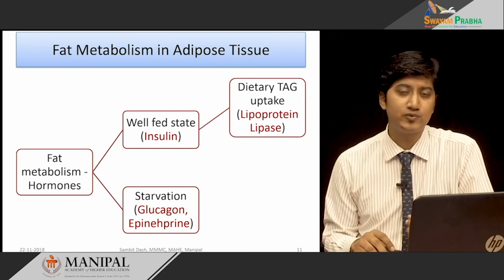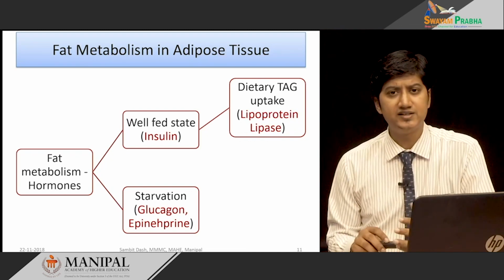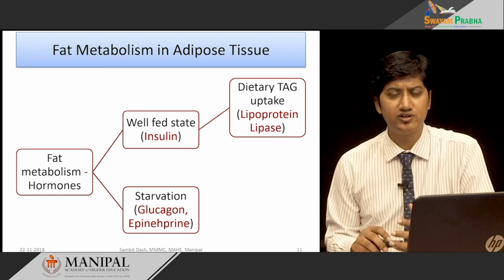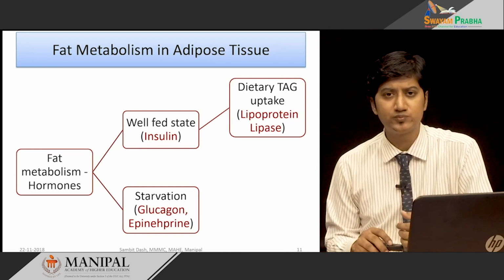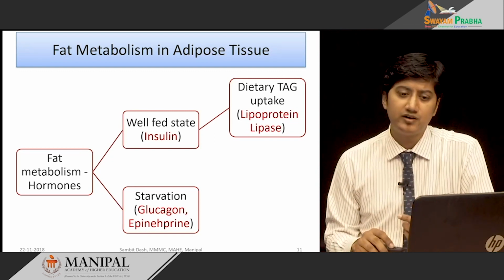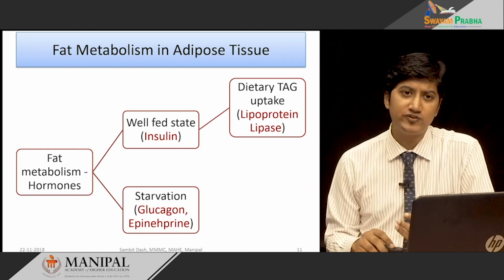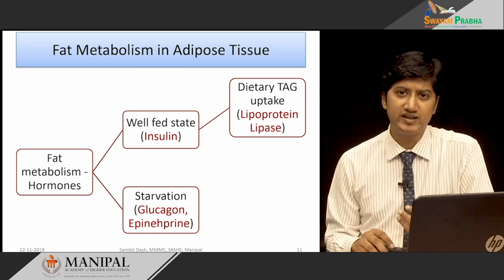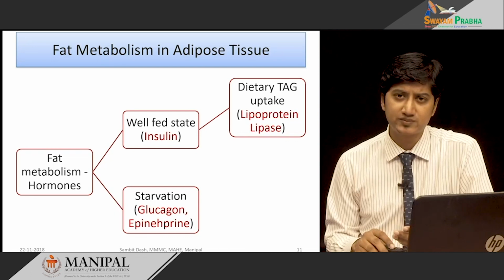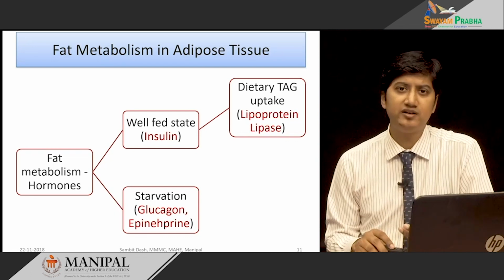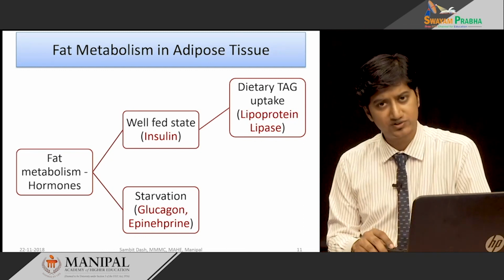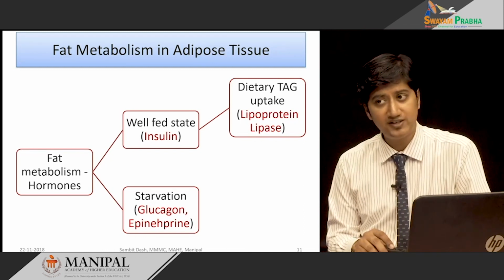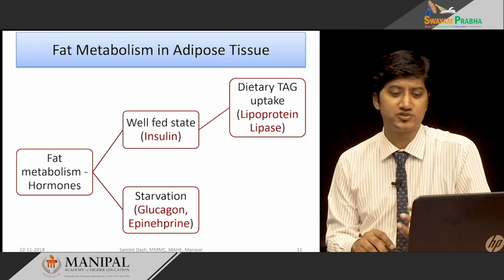This enzyme lipoprotein lipase is an interesting extracellular enzyme which is bound on the outside of adipose tissue, and because of its nature of breaking down the lipids, it helps in transporting triacylglycerol from both chylomicrons and VLDL into the adipose cells.